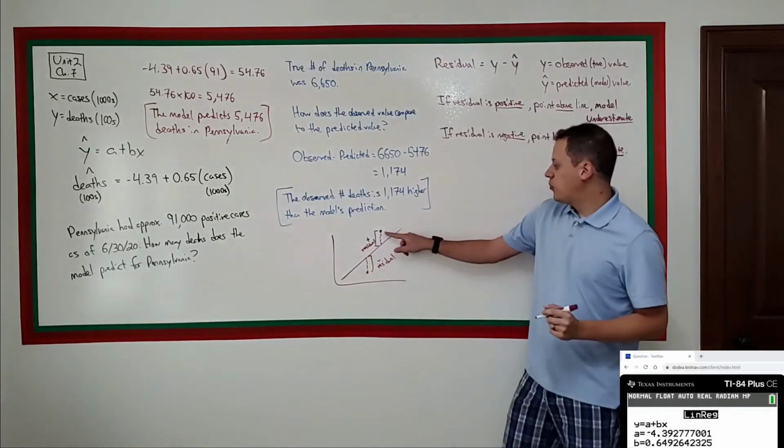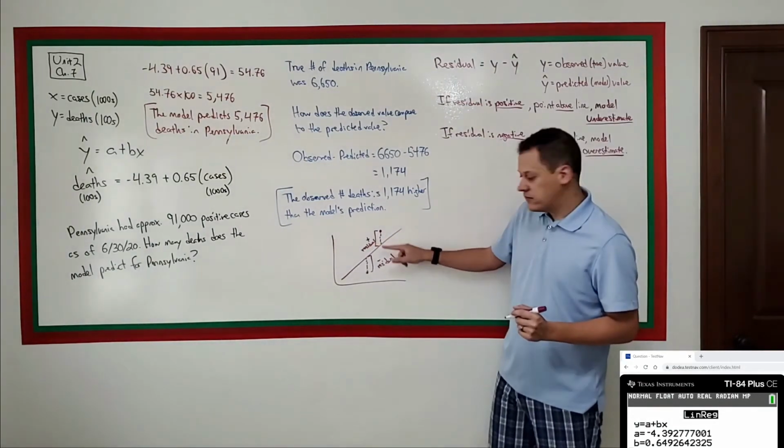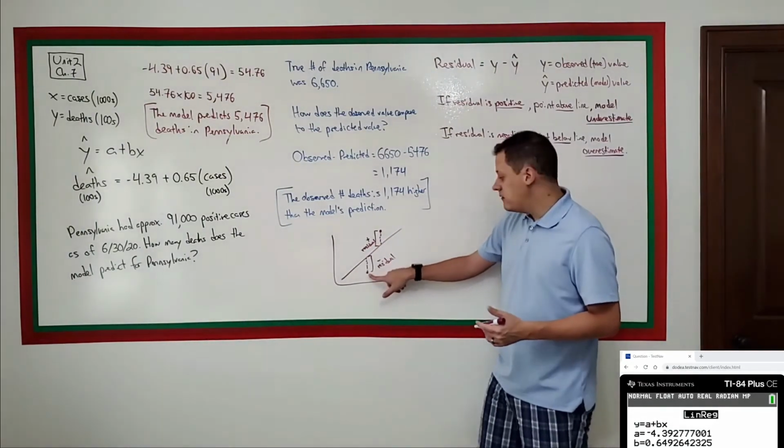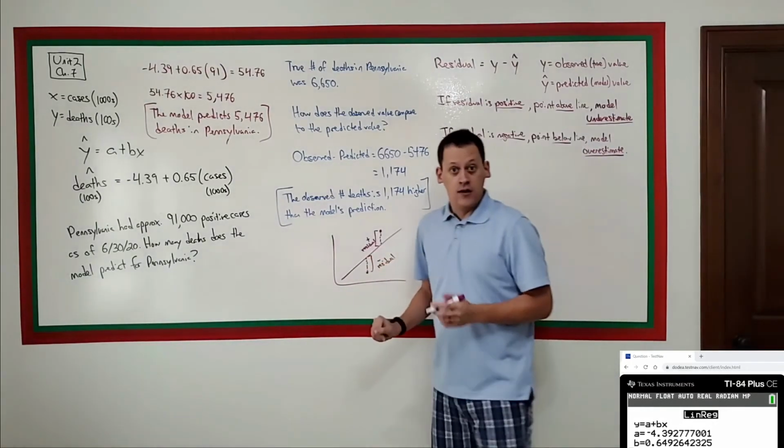Okay. So if the point's above the line, you've got a positive residual, and the model's an underestimate. If your point is below the line, that's a negative residual, and the model is actually overestimating the true value.